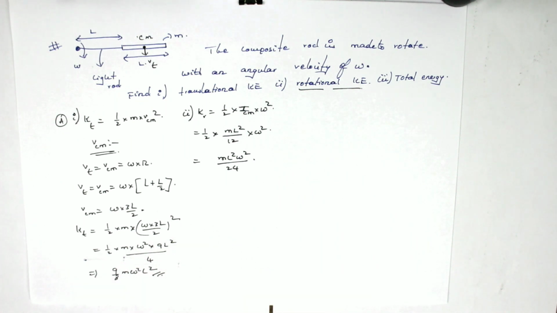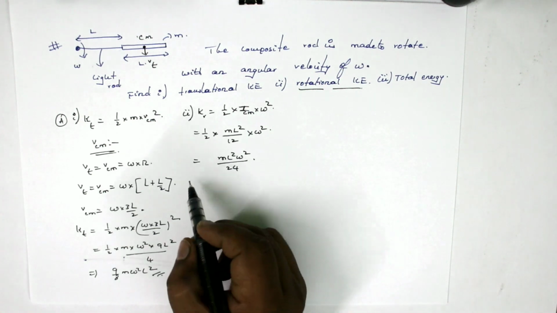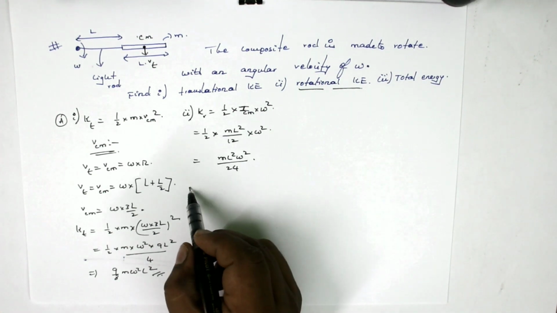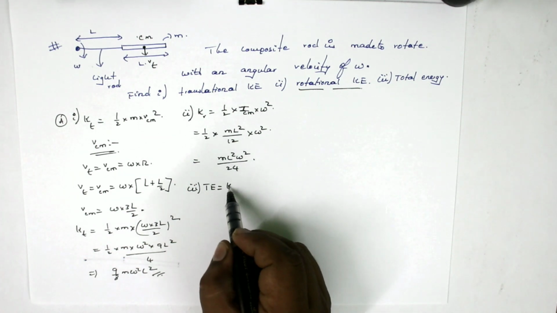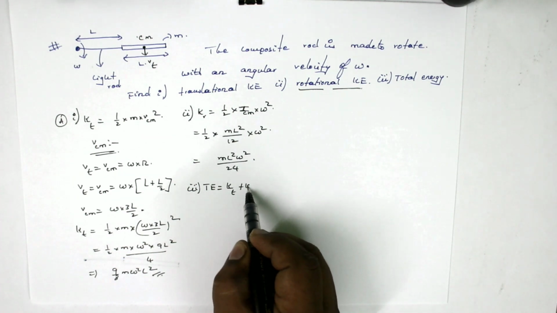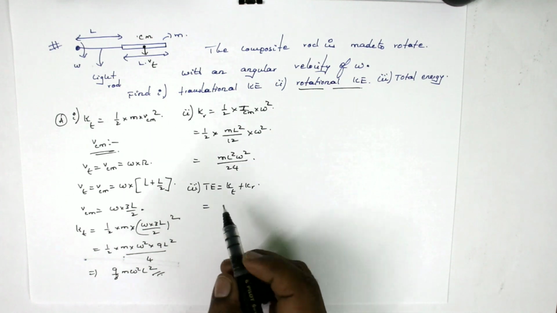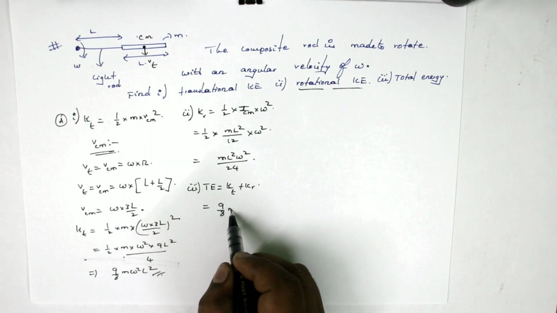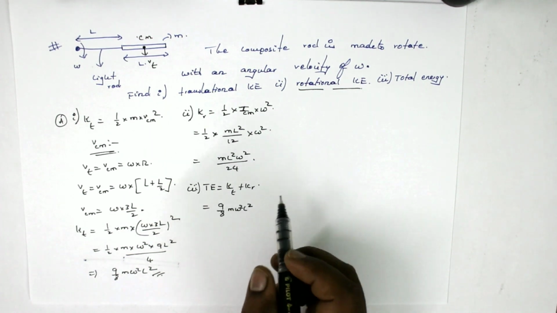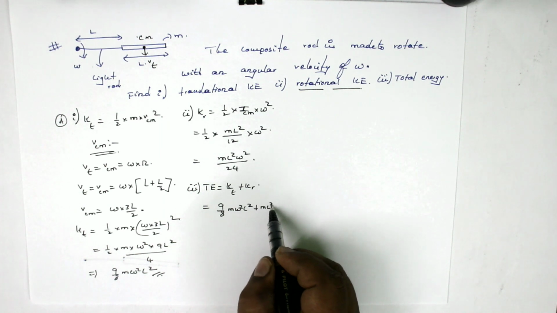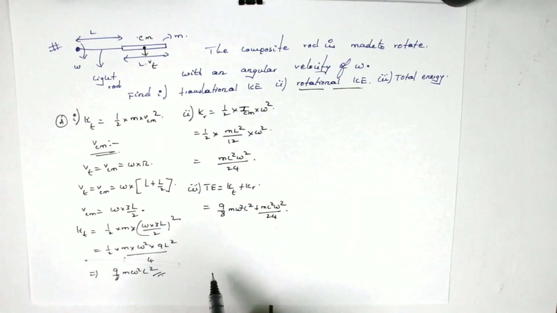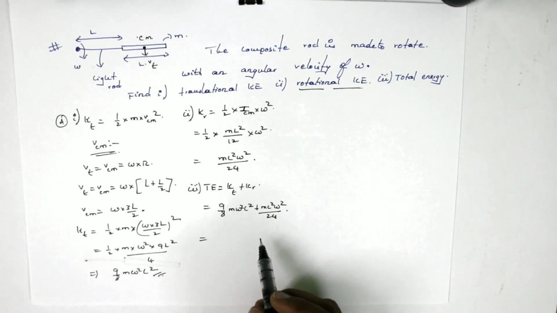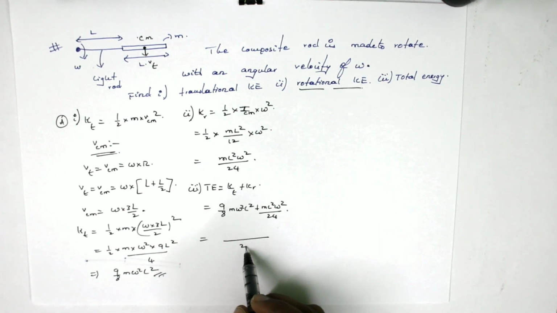Now if I calculate the total energy of this rod, which is our answer for the third one, let us see how we can calculate. Total energy is nothing but translational kinetic energy plus rotational kinetic energy. So 9 by 8 m omega square L square plus ml square omega square divided by 24. If I take the LCM of this, 24 I can take.